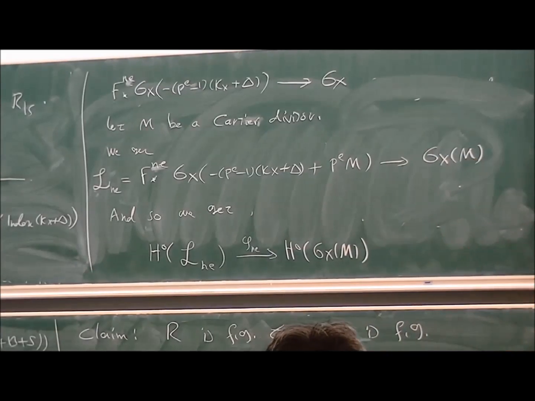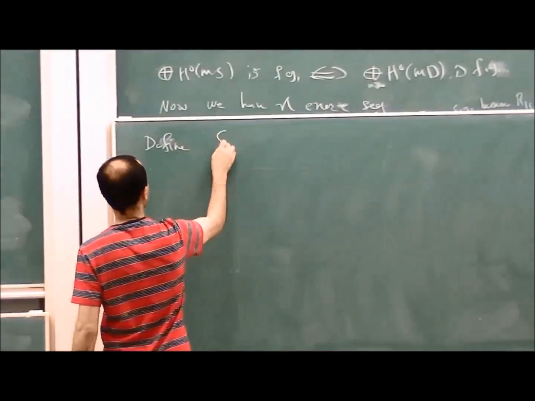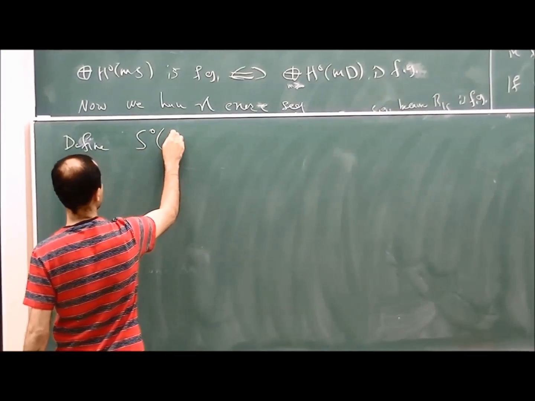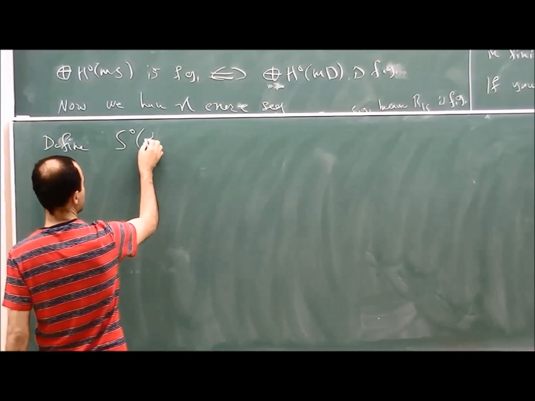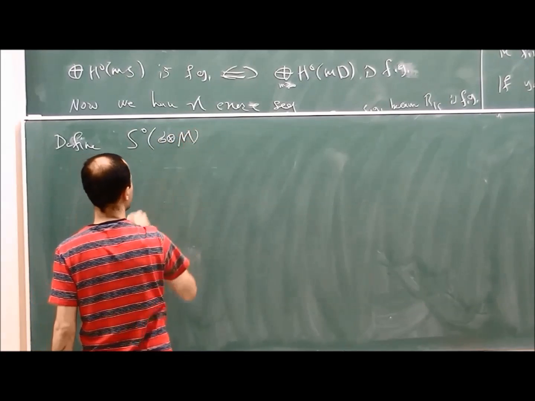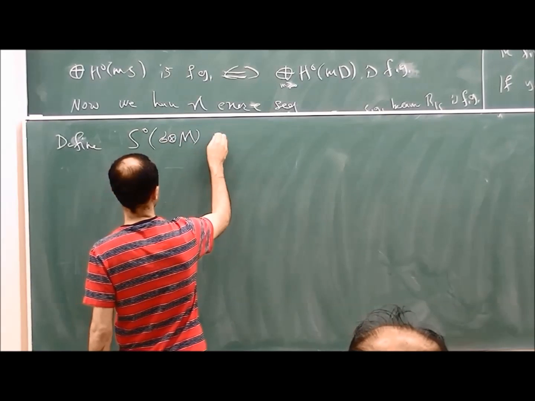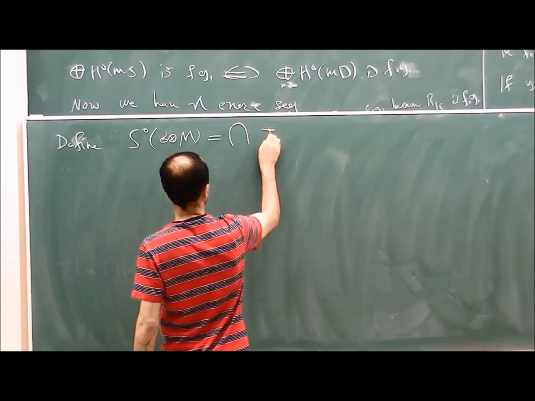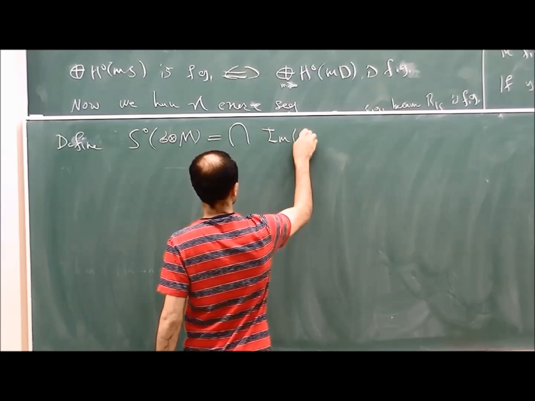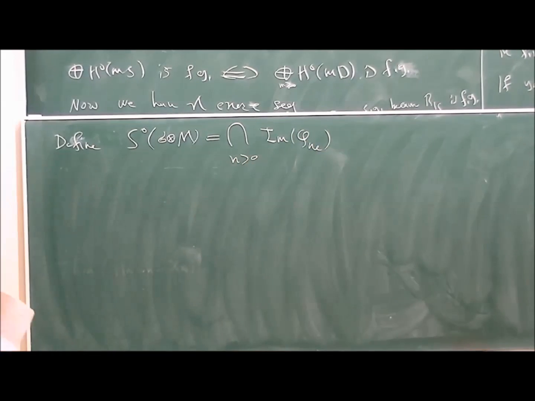Then the idea is to define the S0 sections. There is some notation for some good reason, but you can probably just ignore it. This is just a notation. So S0 of σ M is the intersection of the images of all of these. In other words, this is an asymptotic kind of construction.